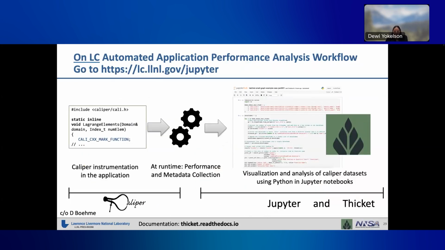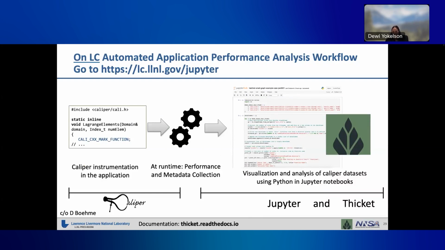One plug for those of us at Lawrence Livermore: if you are using the LC systems, a lot of this is sort of automated in a way that's available to you to use. So if you instrument your code with Caliper, and then at runtime collect the performance metrics and metadata using Caliper, those data files are stored on LC systems.